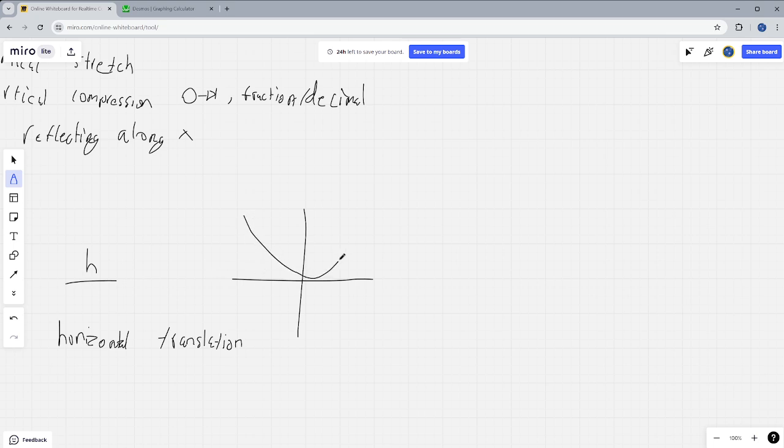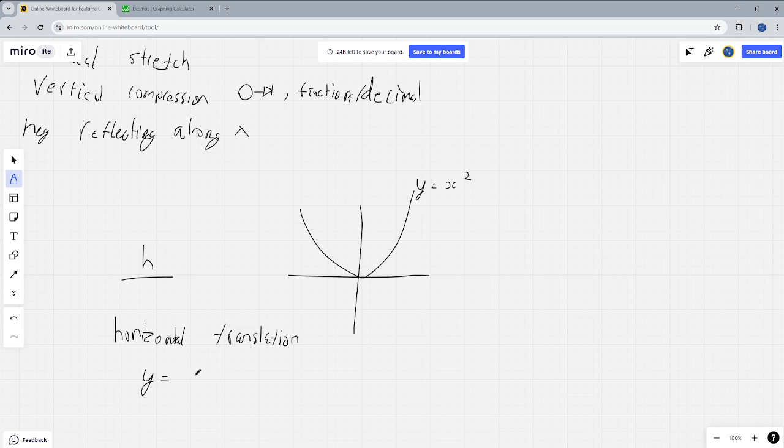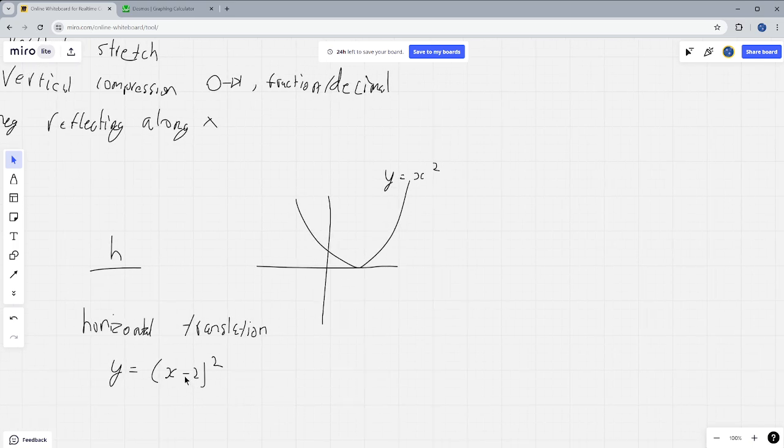So if this is y equals x squared, and we want to know what y equals x minus 2 squared, we're just going to take this whole graph and move it 2 units right. Now you're asking, but it's negative. Why are we moving it to the right?